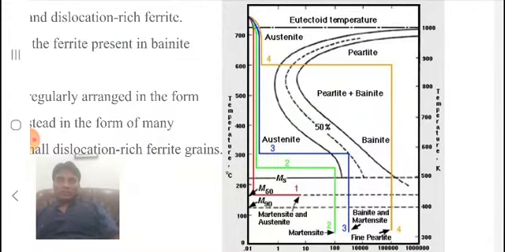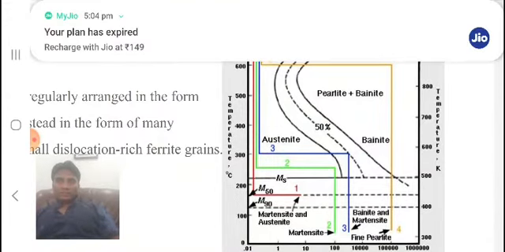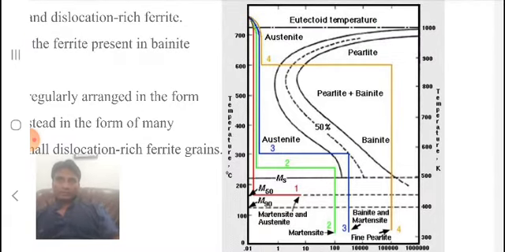Whichever microstructure is required, we bring the steel in the austenitic phase to that particular temperature before the starting line of the austenite, and we hold the steel at that particular temperature, and we allow the entire austenite to transform into the desired microstructure.